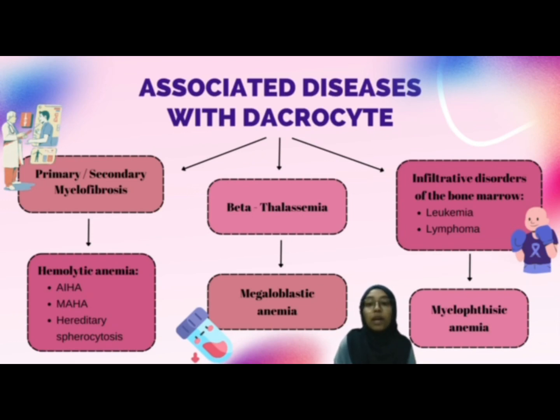It is brought on by changes in the HBB gene, which codes for the beta globin protein. Basically, beta thalassemia is characterized by poor erythropoiesis, and the occurrence of dacryocyte is most related to this characteristic.